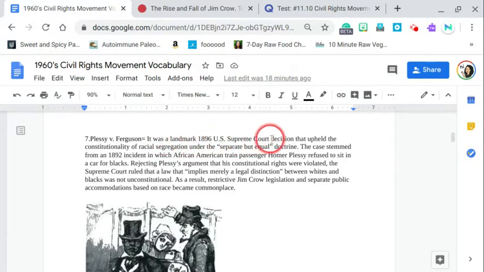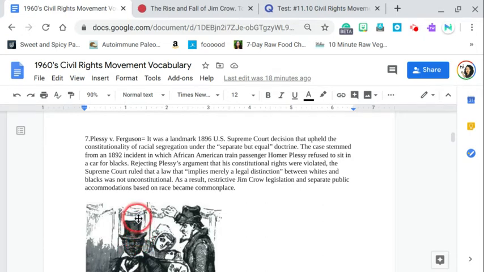It was a U.S. Supreme Court case that upheld the constitutionality of racial segregation under the separate but equal doctrine. The case stemmed from an 1892 incident in which an African American train passenger, Homer Plessy, refused to sit in a car for blacks.